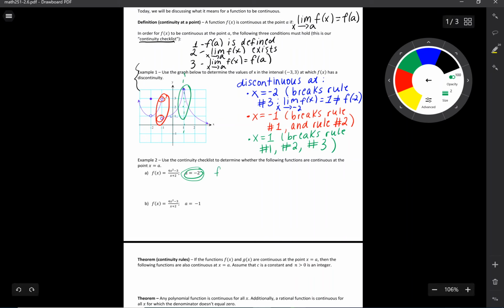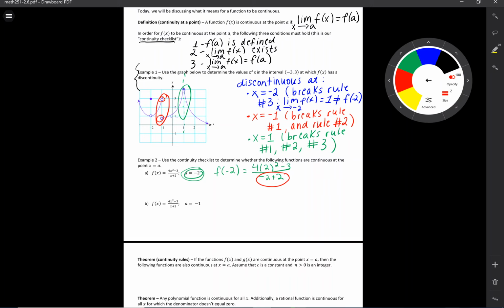So f of -2 is equal to 4 times 2 squared minus 3 over -2 plus 2. Well, we have a problem here because this becomes 0, and if my denominator is equal to 0, that means that I have a vertical asymptote there, which means that my limit is not defined, right?